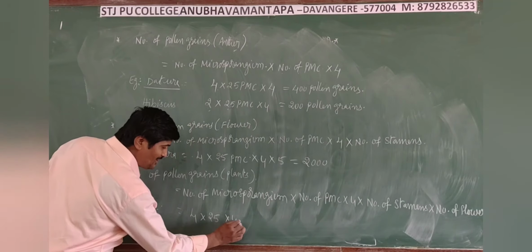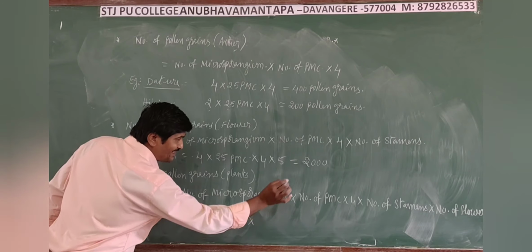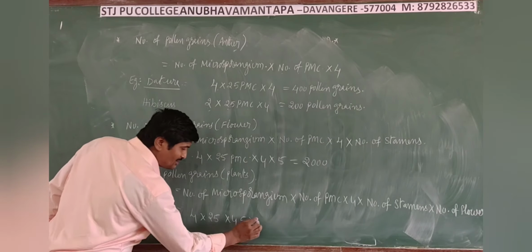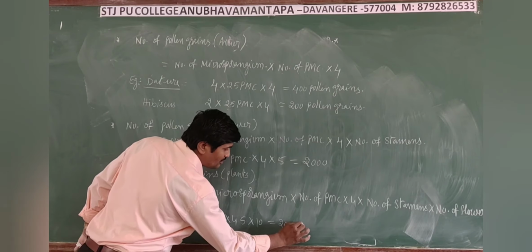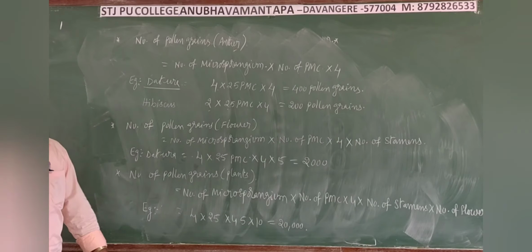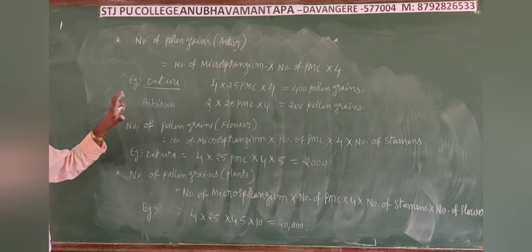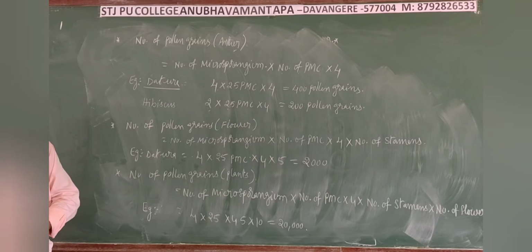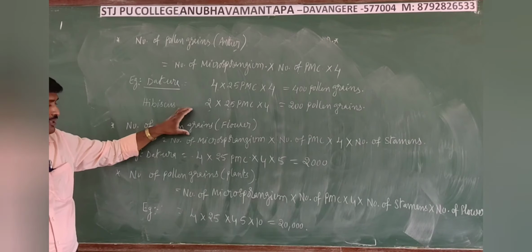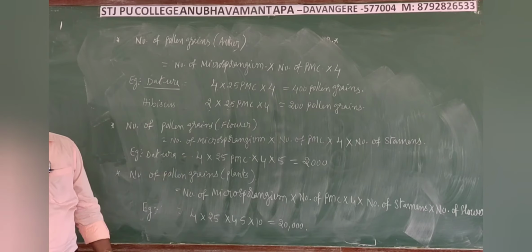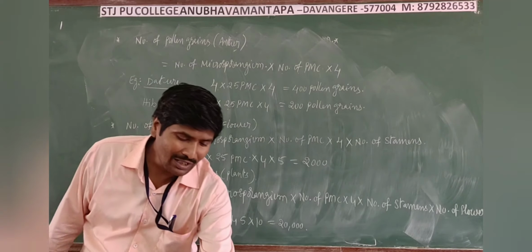The number of stamens, 5. Each plant contains 10 flowers. That is 20,000 pollen grains. So this is a very easy method to calculate pollen grains from an anther, flower or entire plant. Okay.